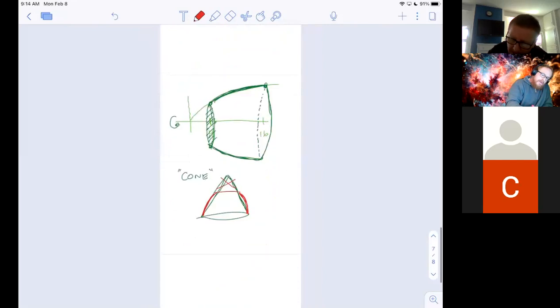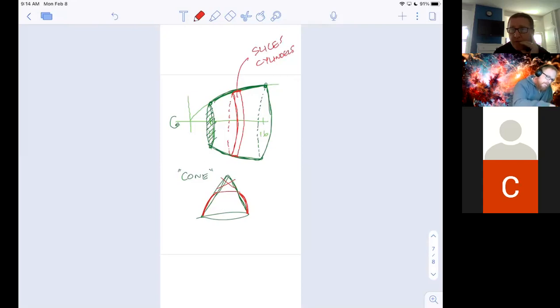Do you see the slices, which I'm going to draw now? Do you see that slice as a cylinder, like a complete cylinder? The slices are cylinders, and so I just have to add up those cylinders.